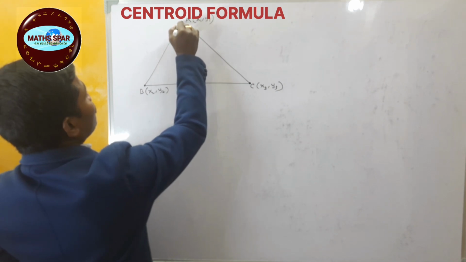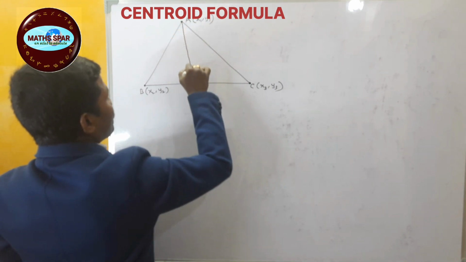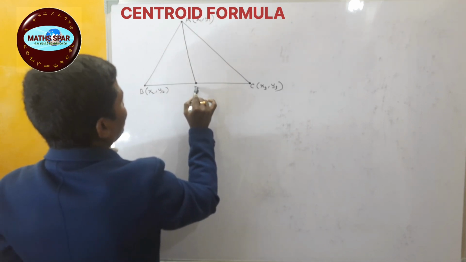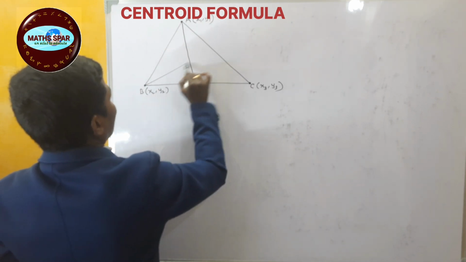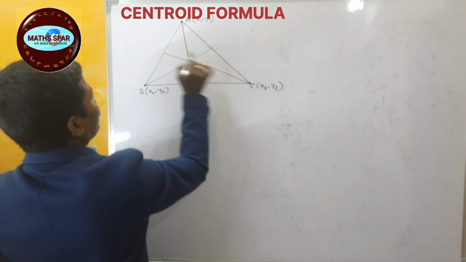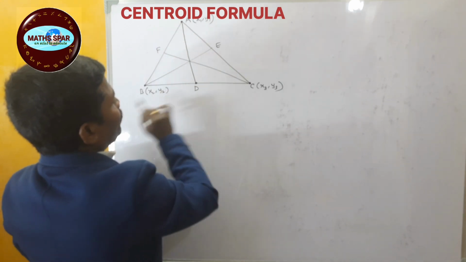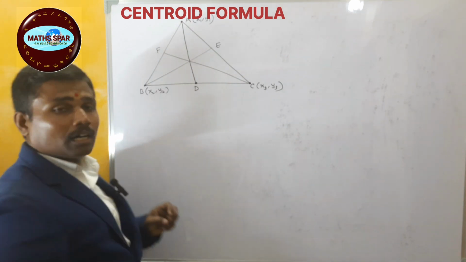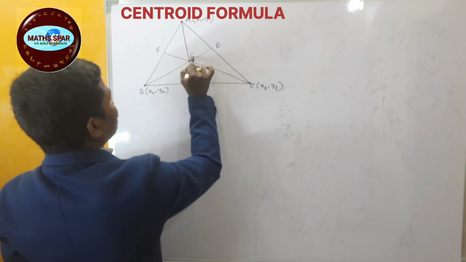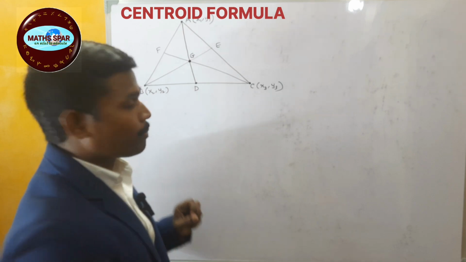Then D, E, F, AD, BE and CF are the medians, and the point of intersection is G. How do we find this G?